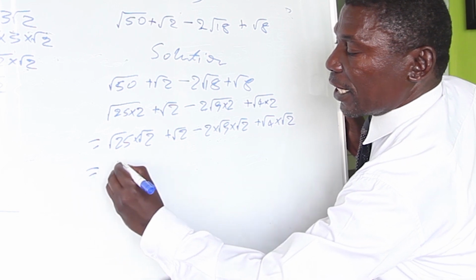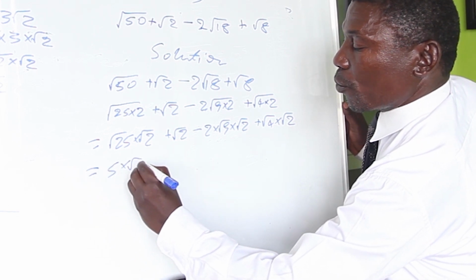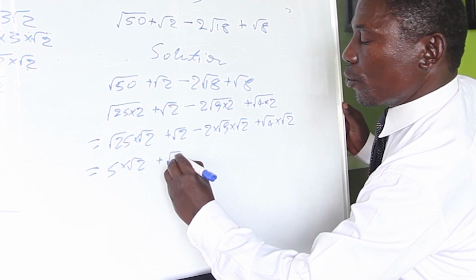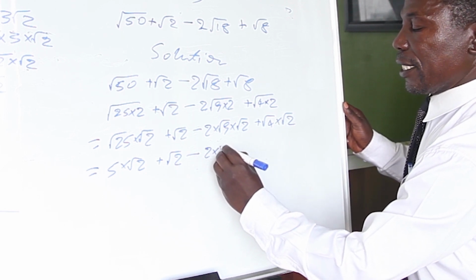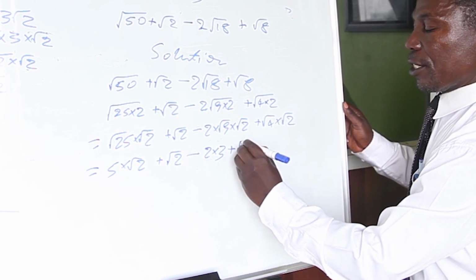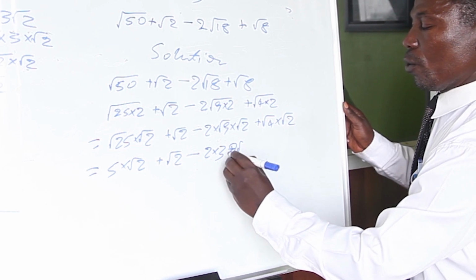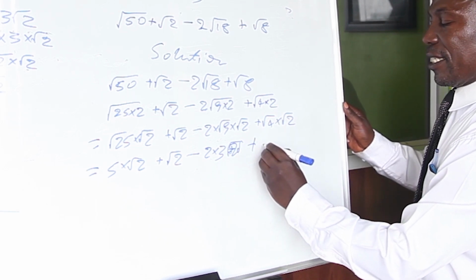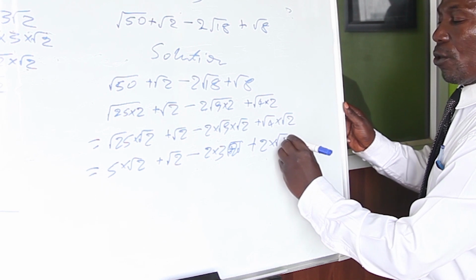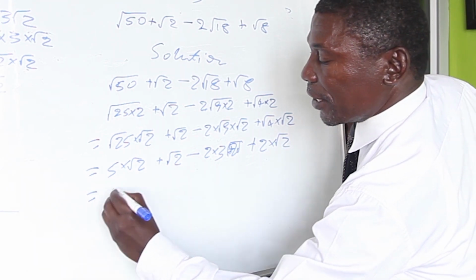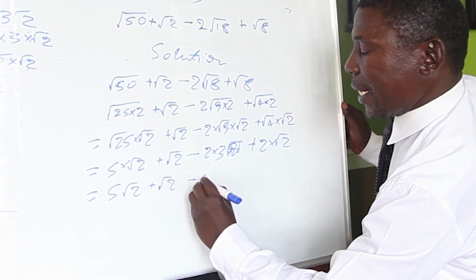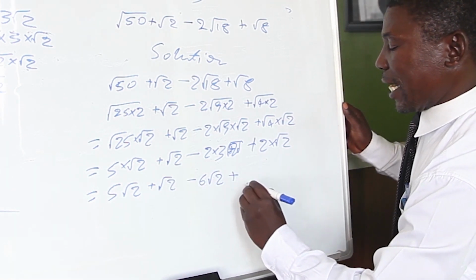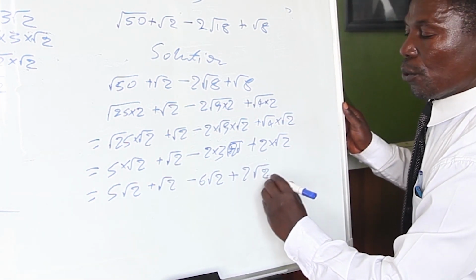That is 5 root 2 plus root 2 minus 2 times 3 root 2 plus 2 root 2, which is 5 root 2 plus root 2 minus 6 root 2 plus 2 root 2.